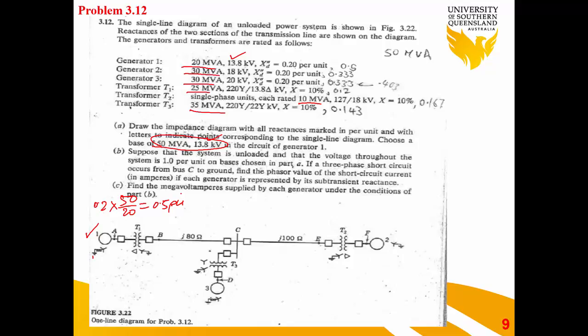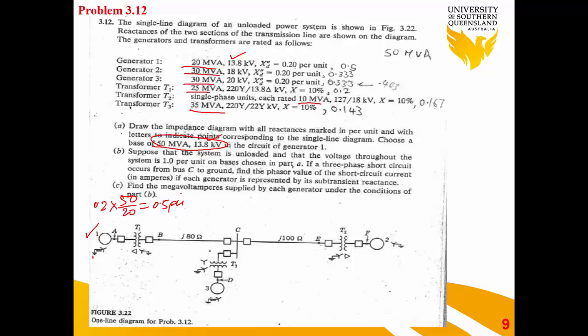In a very similar fashion, it should be 0.20 times new divided by old, transferring to new: 50 divided by 30, so 1.67 times that one. So it would be 0.33 something. Yes, that's right. Can you calculate?